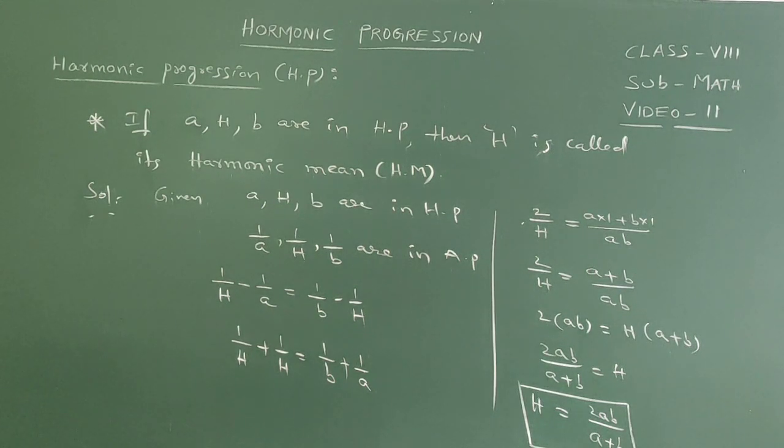We know the relation between three consecutive terms of an AP: the difference of two consecutive terms is the same. 1 by H minus 1 by A equals 1 by B minus 1 by H. 1 by H plus 1 by H equals 2 by H. Then 1 by B plus 1 by A becomes A plus B by AB. If we cross multiply, 2AB equals H into A plus B, so transferring A plus B to the left side, H equals 2AB by A plus B.